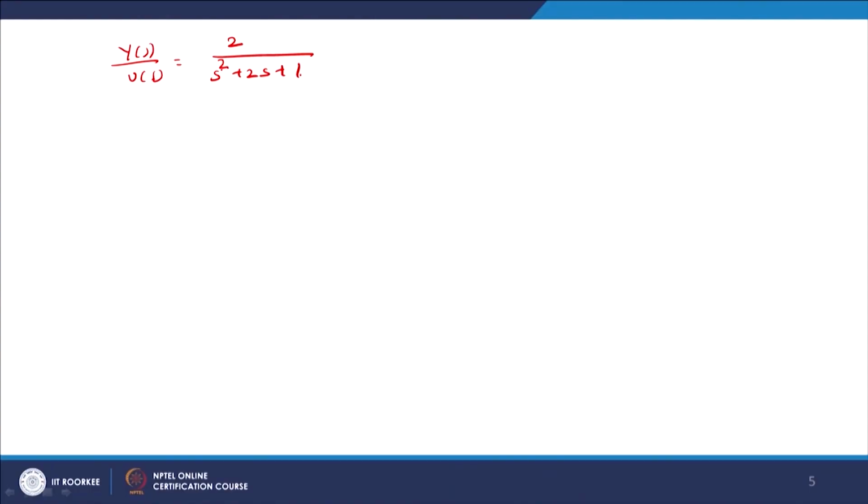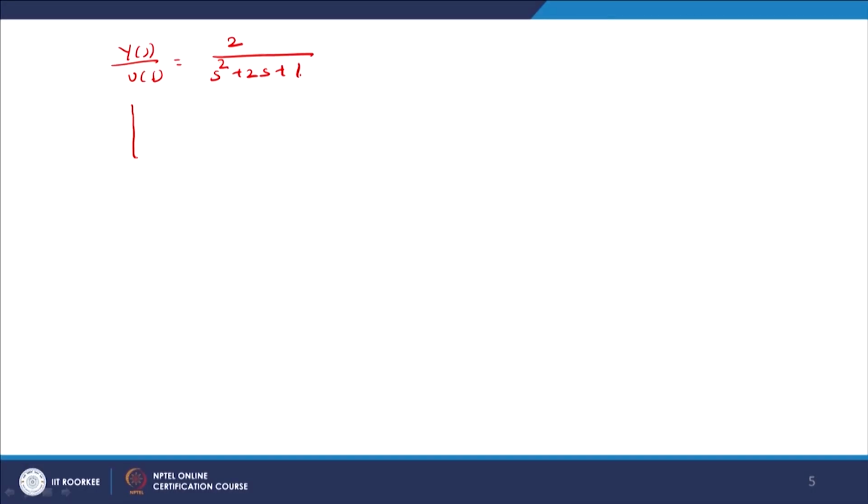So, here we want to write its state space form. The order is 2, therefore the state space model has matrices of order 2 by 2. So, here we take 2 states, x1 dot and x2 dot.